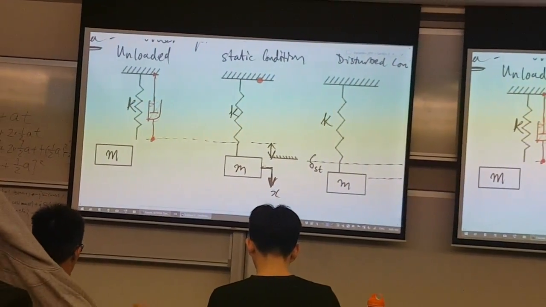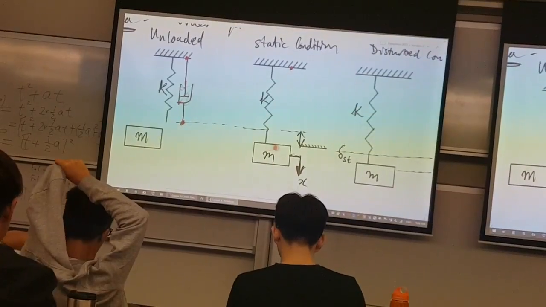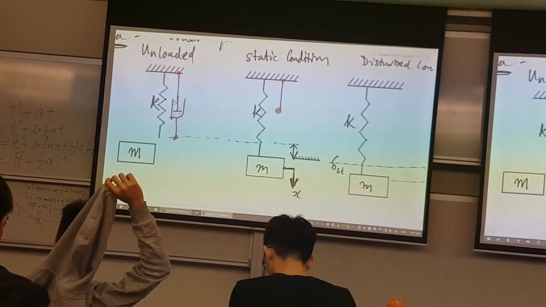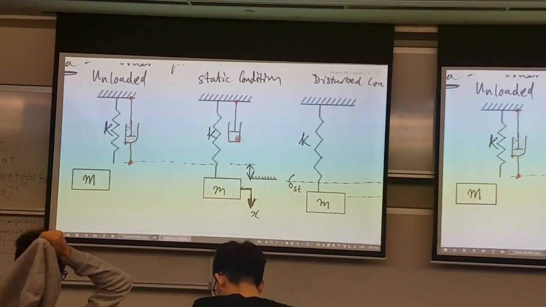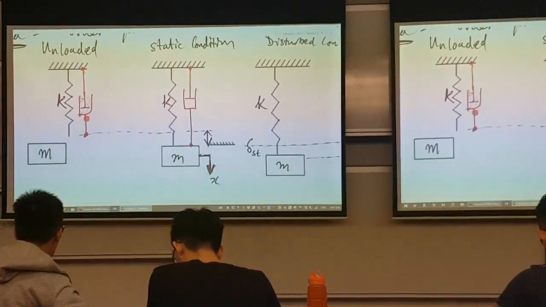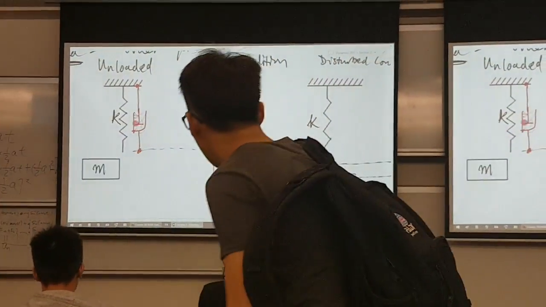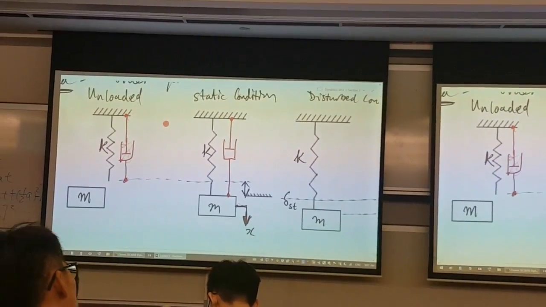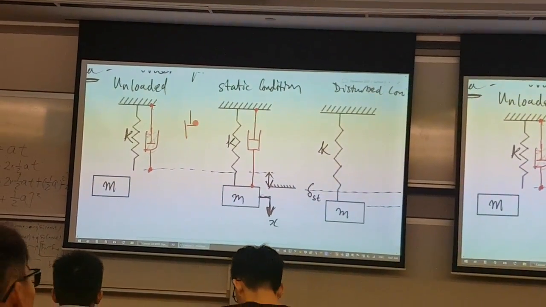If I attach it to a mass, then the mass is going to pull it down a little, so this lower part here is going to get pulled down. I noticed that some of you don't really know how a damper works.